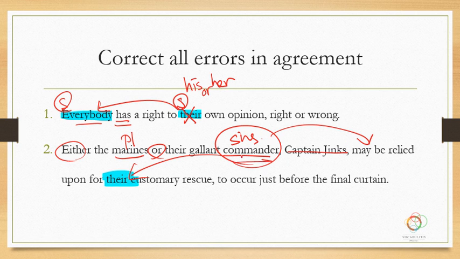It would have been singular for the commander. It would have been singular for the verb. If you change the verb to something else, you have to keep it consistent with a singular, and then upon for his customary rescue. Okay, all because we have or, even though the sentence is talking about a lot of people involved, we're still going to go with the commander.